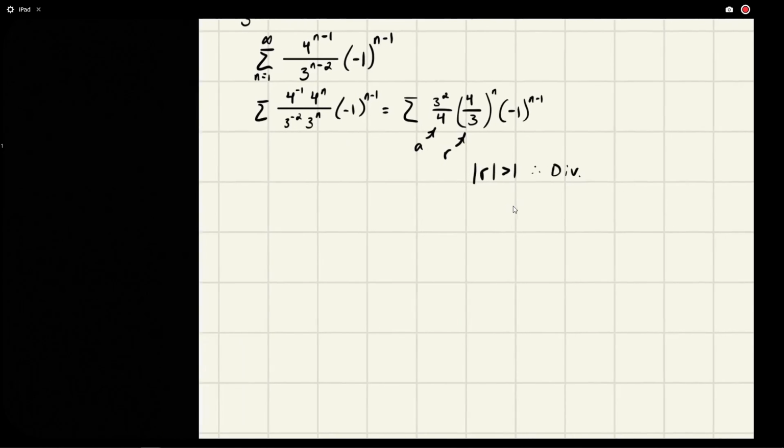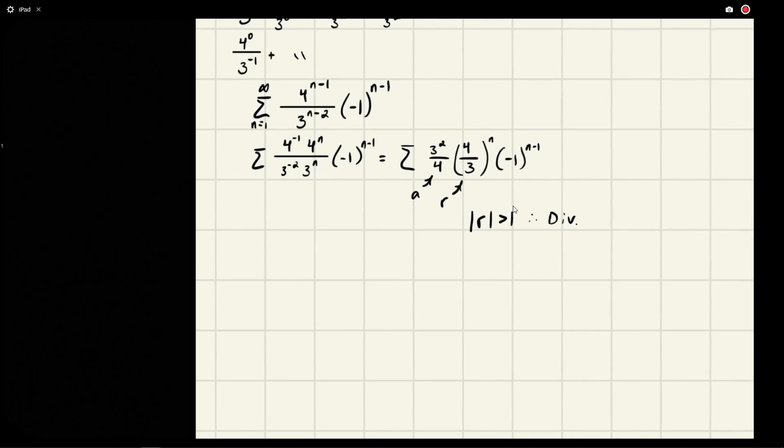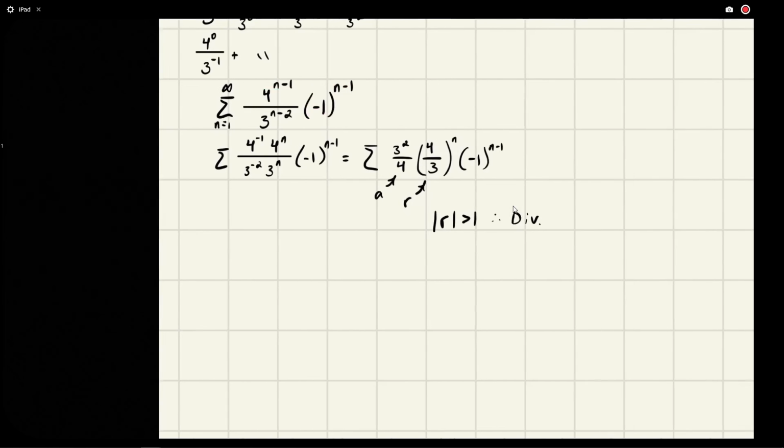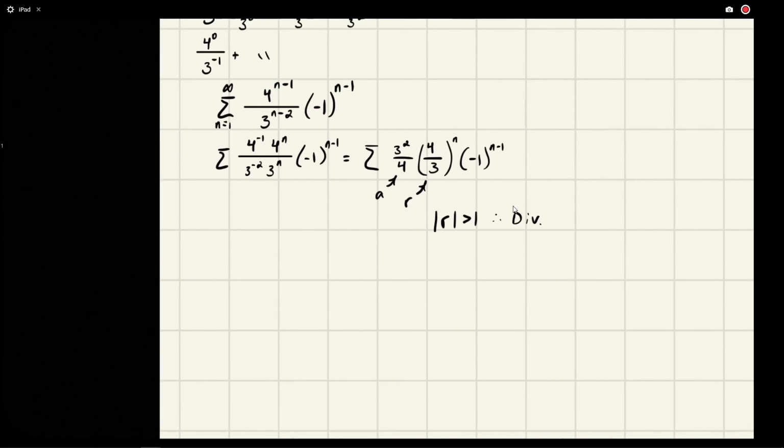And so we could actually come over here and say, well, we want this negative 1 here to be n minus 1. But we've already got an n minus 1 term. It's right here. So we could have written this step, if you so chose, as the sum from n equals 1 to infinity of negative 4 to the n minus 1 over 3 to the n minus 2.